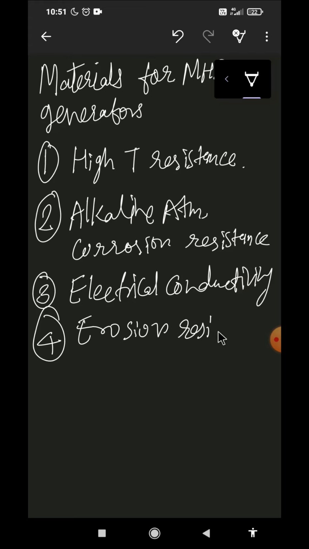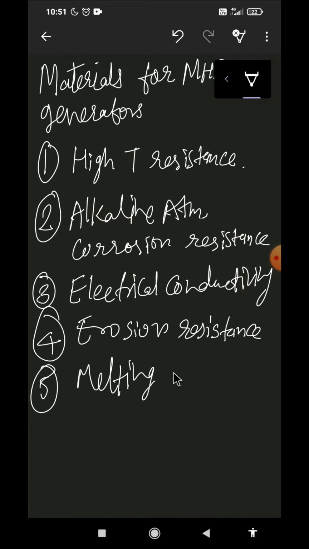Eroded means that particles should not be removed due to the movement of gaseous particles at high velocity. Fifth is the melting point of the material, which should be very high, so it is very important.